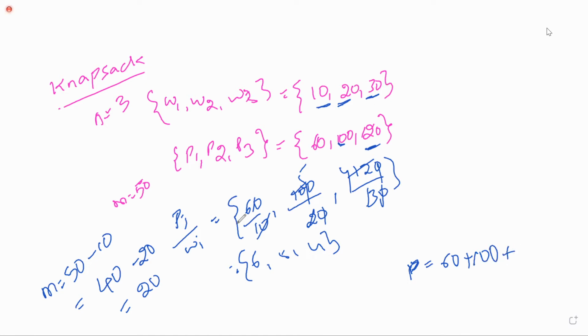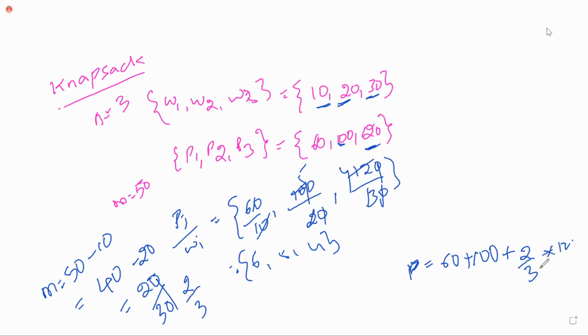Next is the item with weight 30, but my bag can handle only 20 weight. So what you have to do? My bag space is 20, the item weight is 30. I cannot place 30 in place of 20. So 20 by 30, which means only 2/3 I can place. So the profit also, I'll get only 2/3. I'll not get the entire profit.